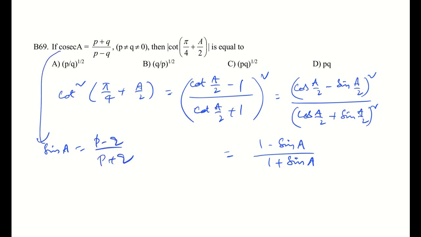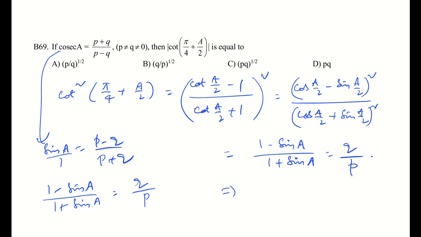So applying componendo and dividendo, I will have 1 minus sin A by 1 plus sin A is equal to q by p. So this is nothing but q by p here. Therefore, mod of cot pi by 4 plus A by 2 is nothing but q by p whole power 1 by 2.